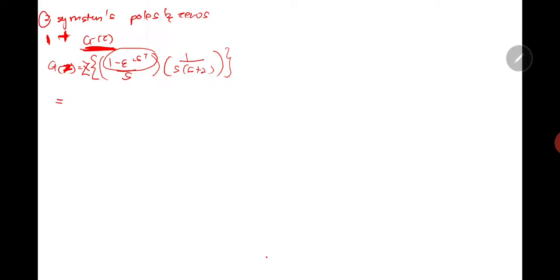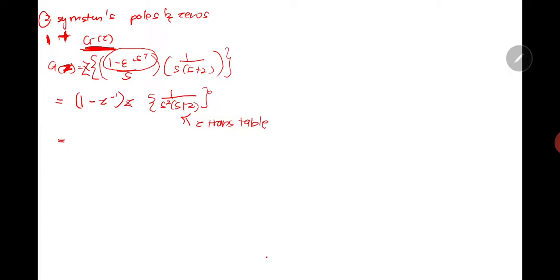So we have 1 minus e to the power of negative sT as z to the power of minus 1. And then the z transform of 1 over s square, s plus 2. This one you need to get from the z transform table.